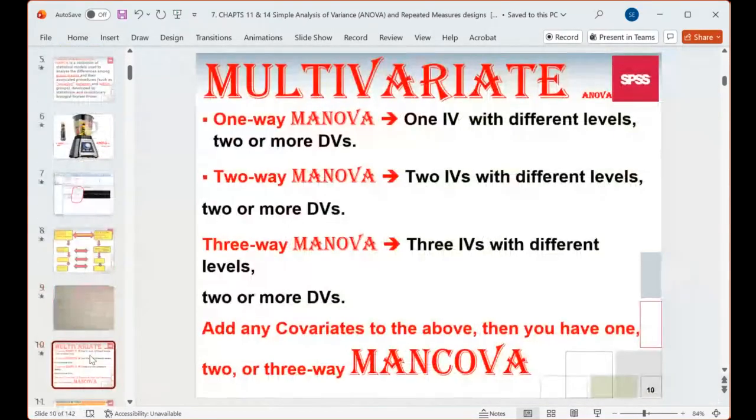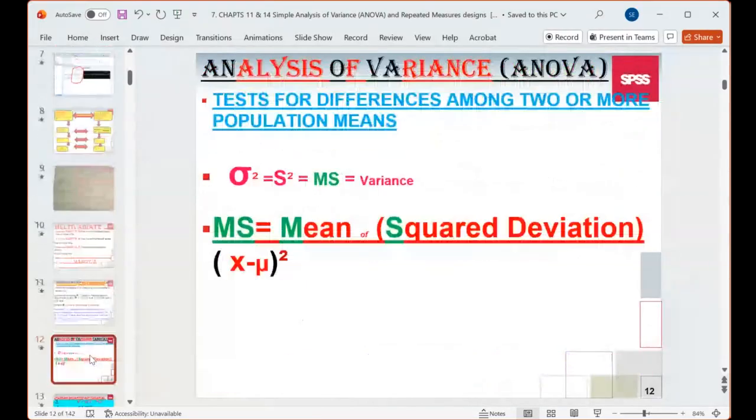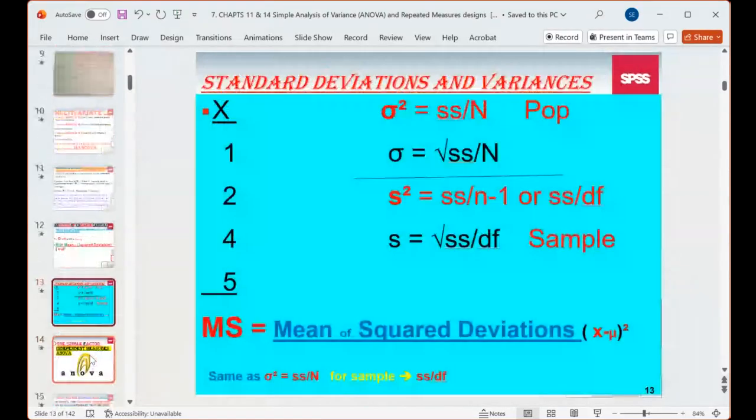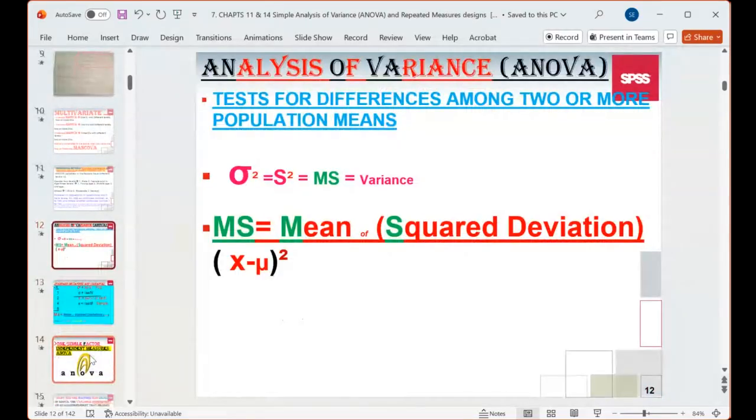All right, so let's see. The name analysis of variance, if you think about it, it deals with variance. It's the same old variance with the sigma square symbol or S square. However, ANOVA is in a class by itself. That means it has new symbols for everything, including for variance.